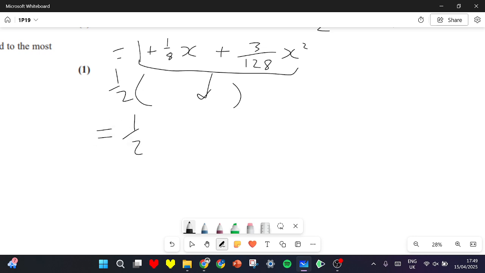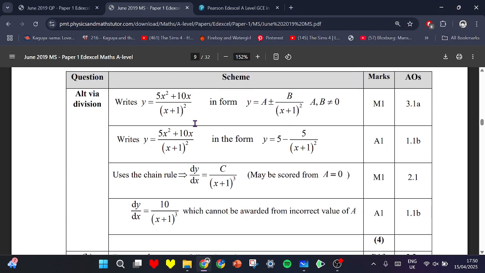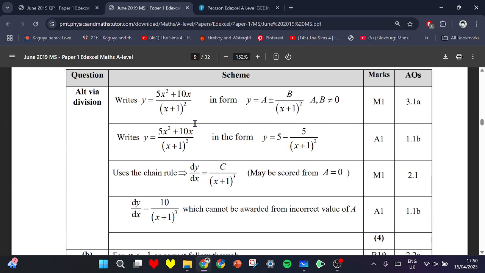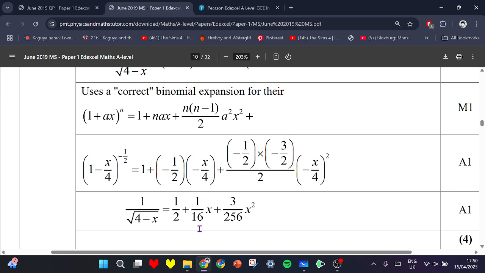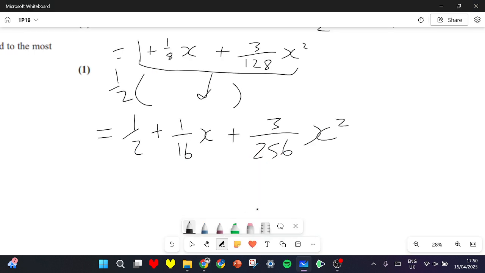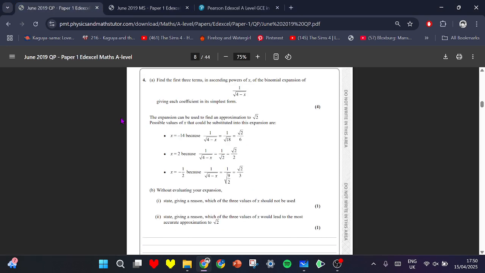So if you did that, you'd get a half plus 1 over 16x plus 3 over 256x squared. So that should be the answer.